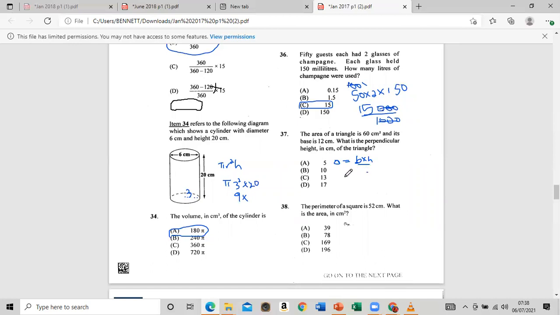So the area is 60, and that is equal to 12 times height divided by 2, right? So transpose, it would be 60 times 2 divided by 12. So that's 120 divided by 12, so it's 10.